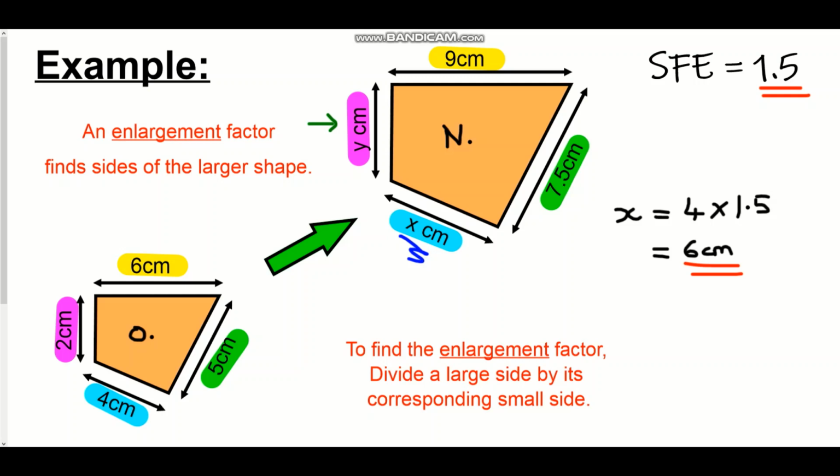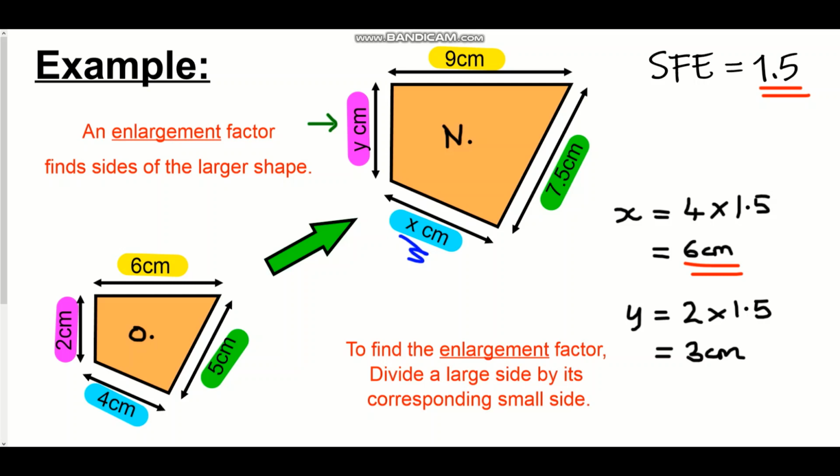If I want to try y, which is up here on the left-hand side, I do exactly the same thing. I write down y. I write down the corresponding side of y, so y is in pink. You can see that 2 centimeters on the original shape is pink, so we're going to do 2 centimeters times my scale factor enlargement, and that is going to be equal to 3 centimeters.